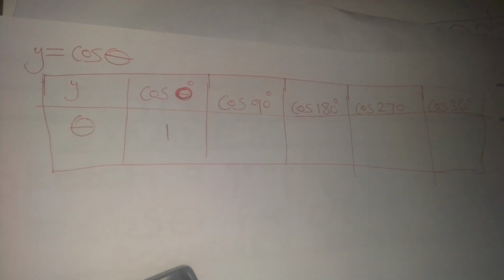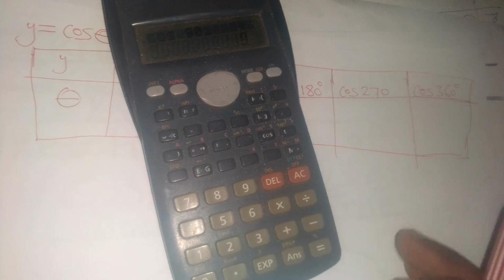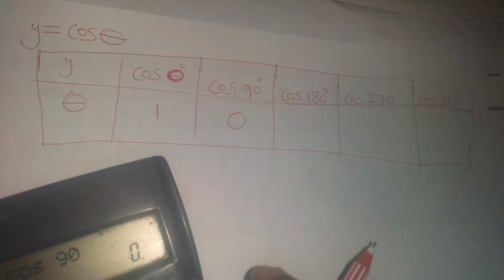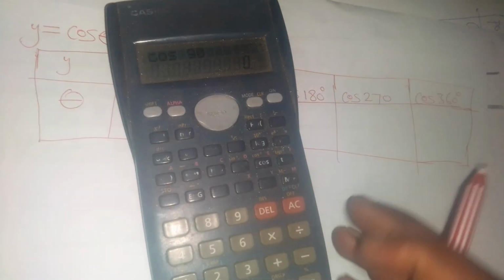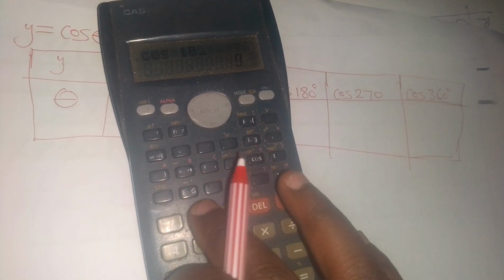Then you go to cos 90. You do the same: cos then 90. Cos 90 is 0. You see that? Until you finish the table. Then cos 180, you press cos then 180.